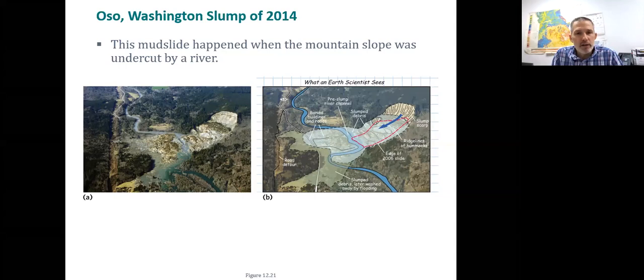Water seeped into the ground, hit a layer of material that was not allowing water to pass through anymore.